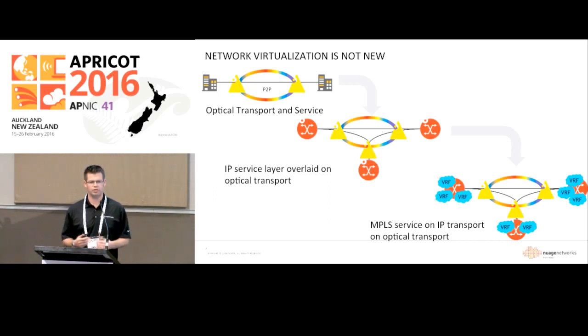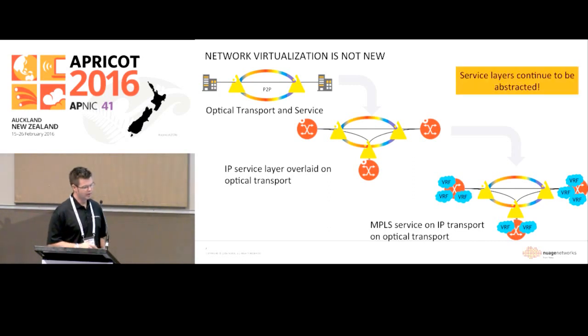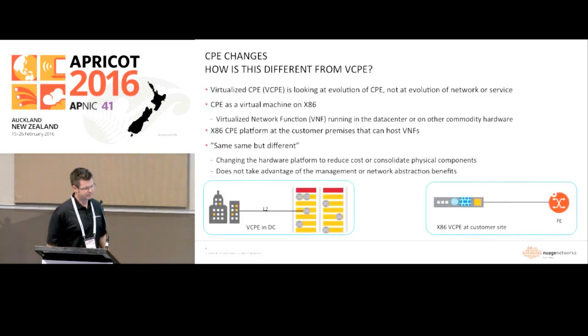Commonly in data centers, you'll see VXLAN, but you might see NVGRE, you might see other encaps as well, even MPLS itself. So it's not a new thing. What we're doing is changing where the service is instantiated and where the transport is. So we're decoupling service from transport, and this becomes quite key. So we continue to abstract.